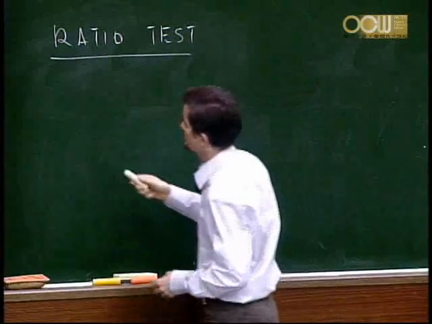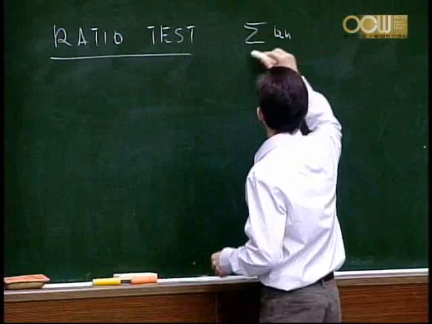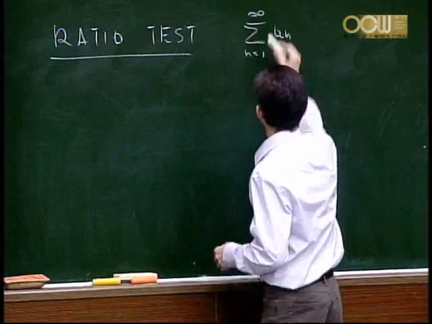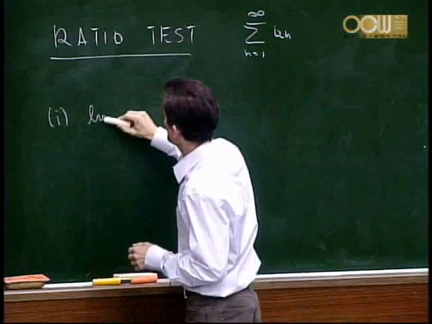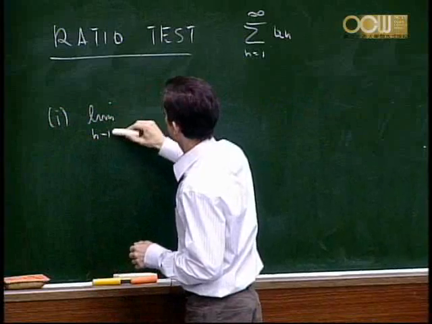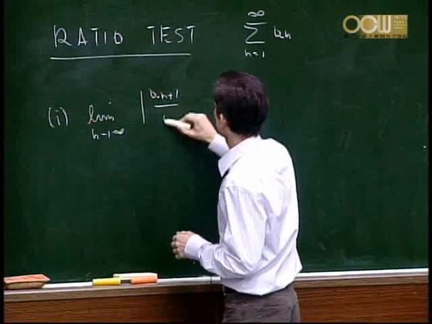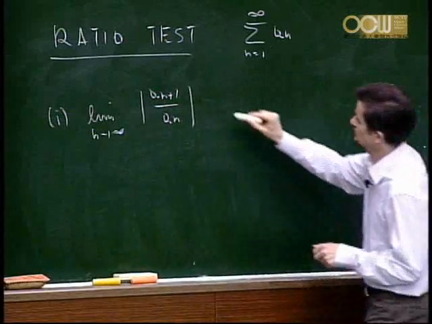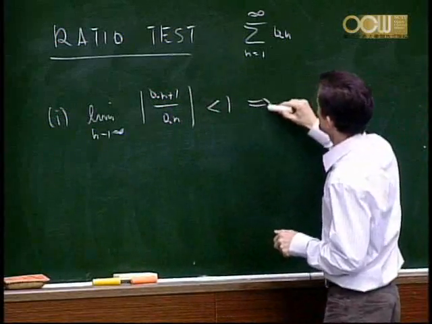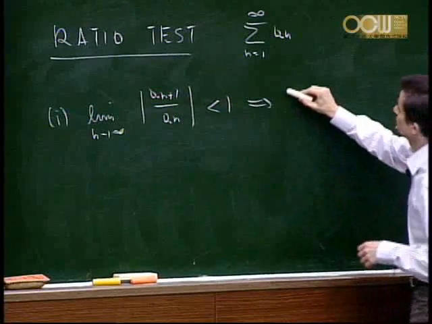Okay, so we have given a series. Now you have three cases. The first case is the limit as n tends to infinity of the absolute value of a_{n+1} over a_n is smaller than 1. Then, you just saw how to argue.